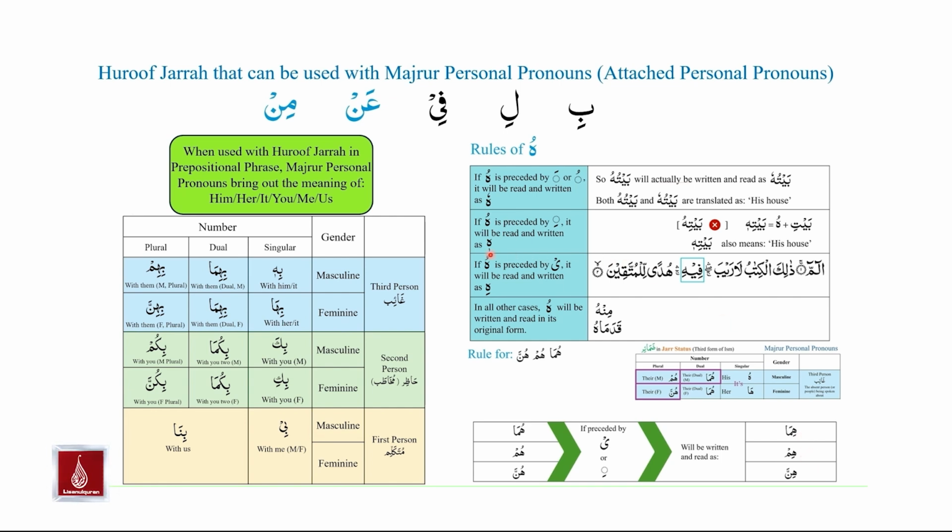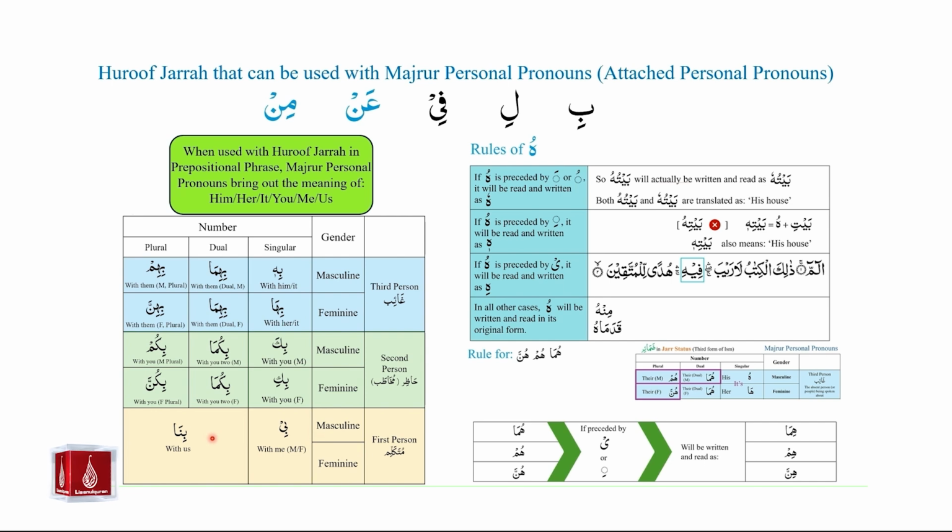To revise all of this, we will use ba harf jar here as an example. Bihi, bihima, bihim, biha, bihima, bihinna, bika, bikuma, bikum, biki, bikuma, bikunna, bi, bina.